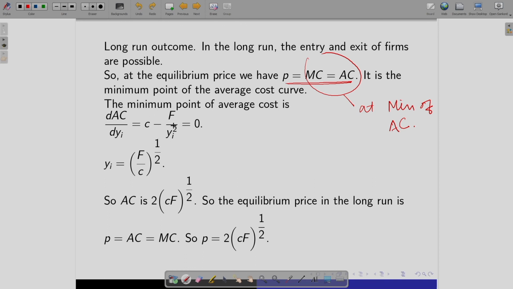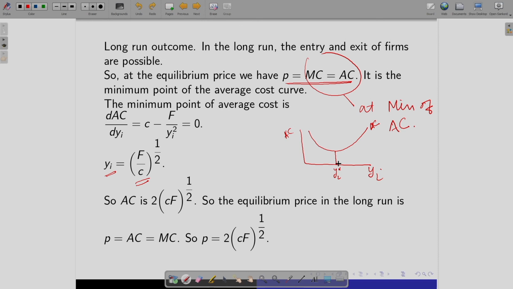So, we get this, and from here we get this output. So, in this case, when the average cost is something like this, this is the minimum point and so output is this. So, we know that in the long run each firm is going to produce at this much level of output.